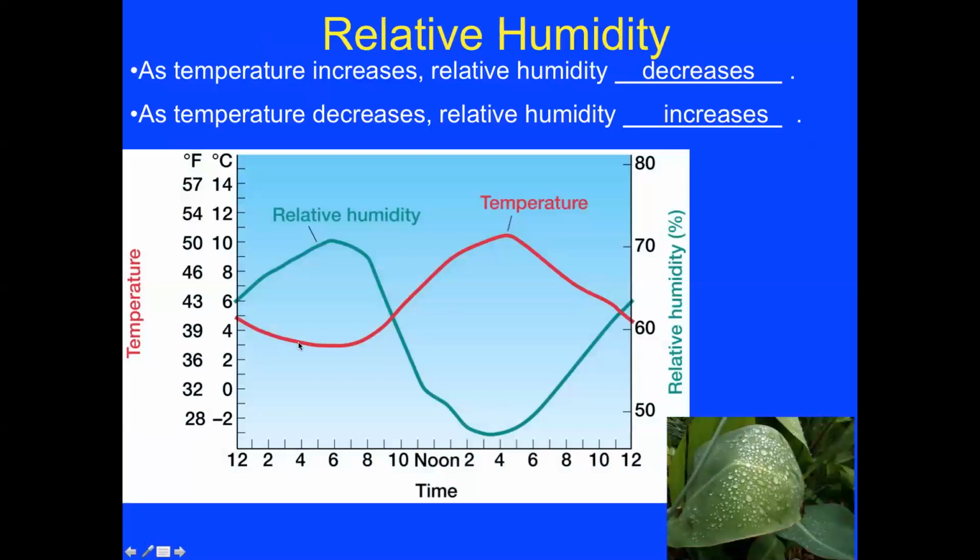And as temperature decreases here, relative humidity increases. So we call this an inverse relationship because as one function rises, the other drops, or as the other drops, the other one rises. So an inverse relationship between temperature and relative humidity.